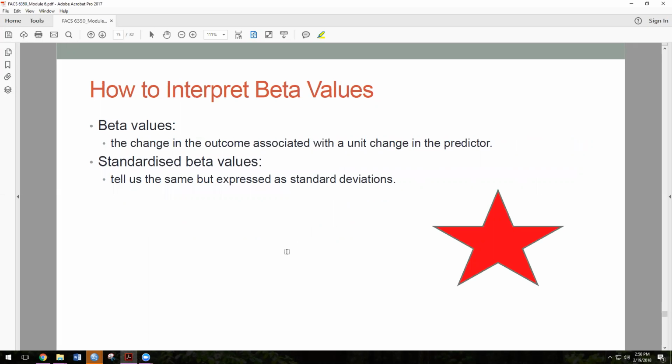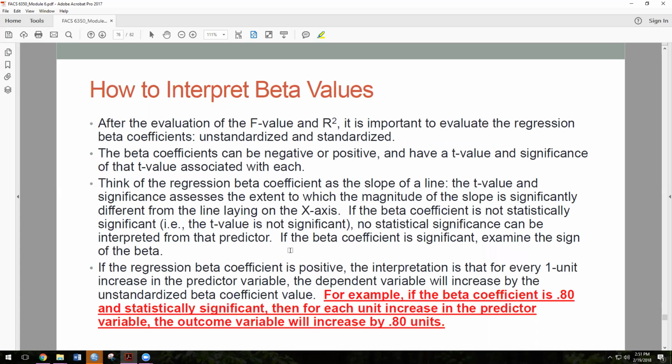So my beta values change with the outcome associated to the predictor, and my standardized beta gives the values in standard deviations. With my beta value, what's really important to think about is that when I'm reporting this in the results or conclusion section, I have to say for every 1 unit increase in the predictor variable, the dependent variable will increase by the unstandardized beta coefficient.